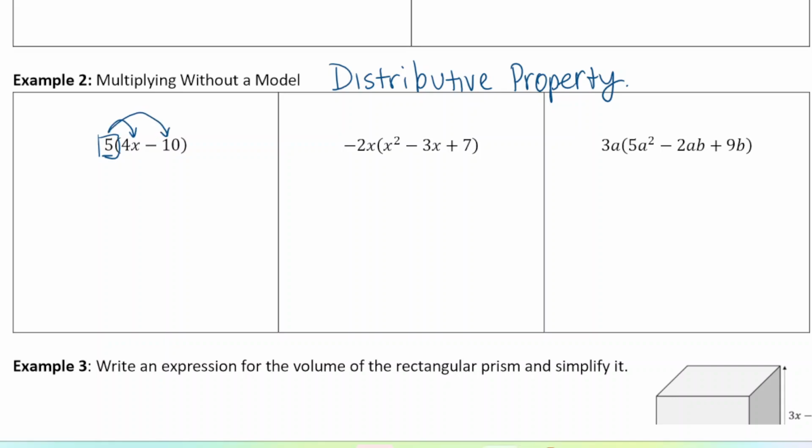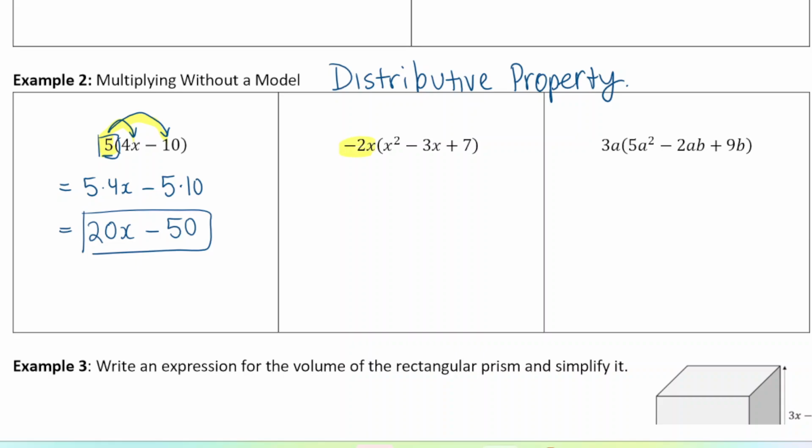So what we're going to end up with here is 5 times 4x, and this will be negative actually because it's negative 10, minus 5 times 10. So let's simplify that. 5 times 4 is 20, so we'll have 20x, and 5 times 10 is 50. So the 5 gets multiplied with the 4x and the 10.